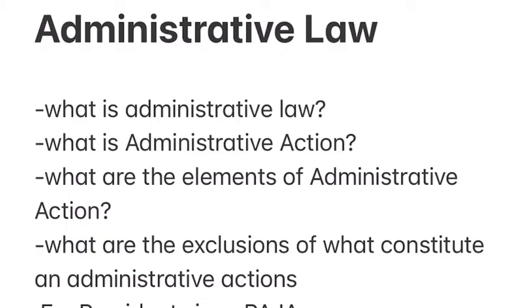When he signs the PAJA, ask yourself whether he satisfies the elements of administrative action. Looking at the PAJA, a decision is being taken by the president, of an administrative nature. Therefore, you need to go further and see whether the president's action falls under the exclusions I told you about.